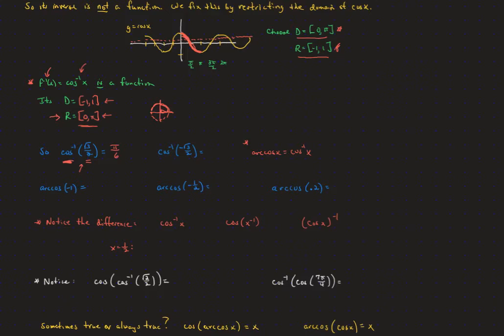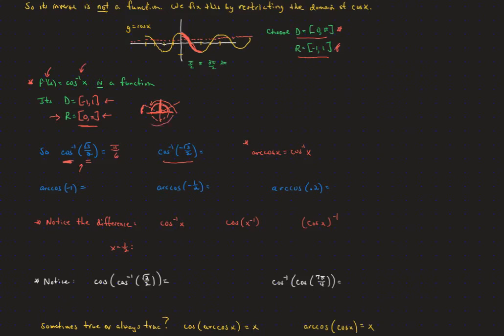Now, if we want an inverse cosine of a negative square root of 3 over 2, the negative quadrant for an inverse cosine is going to be in quadrant 2. So we have the same reference angle that we had before. That's going to be a reference angle of pi over 6. Now, it's true that you could get to this angle using 5 pi over 6.